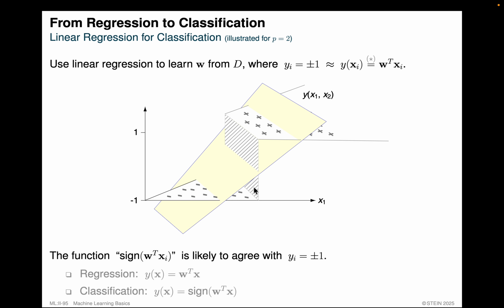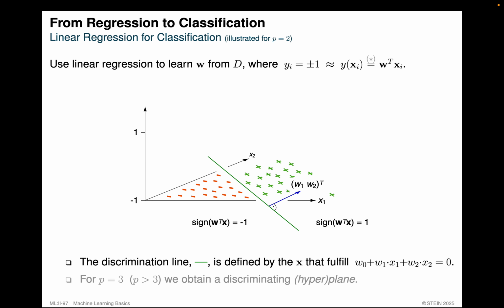Well, we do it the same way as before. We just look at when the model function value is 0. And this gives us a line in the 2-dimensional space. This line can be mapped or projected into the input space, which is just in these 2 dimensions.